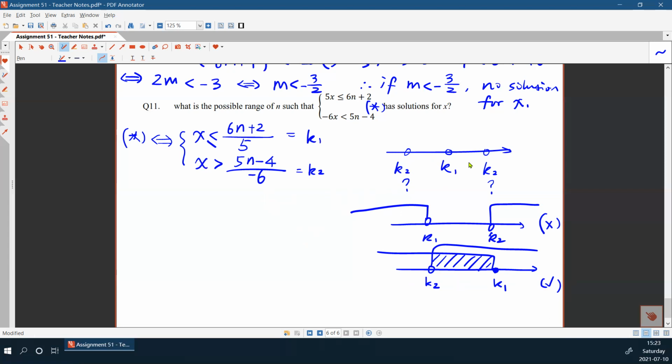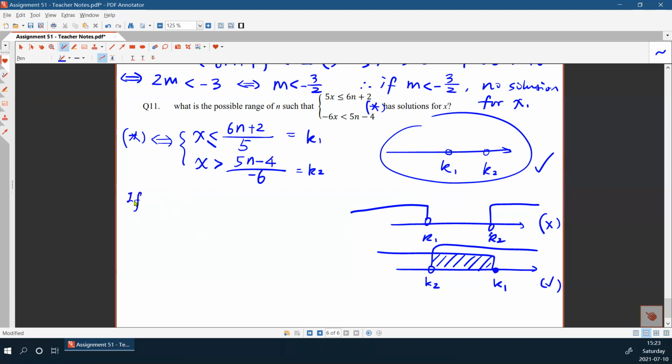Right. Okay, they corrected that this time. This is the correct relative position, right? So K2 must be to the right of K1. In this case, there is no solution for x, right?